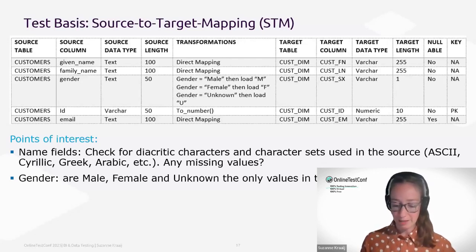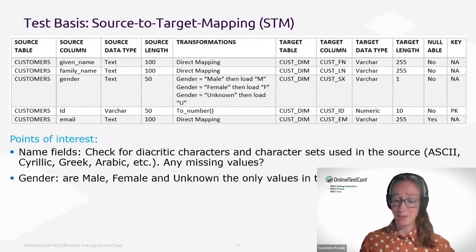And now this sounds like a really simple example, because of course source to target mapping is really thought out. It's careful consideration. So who would make such a silly mistake that there are other values?